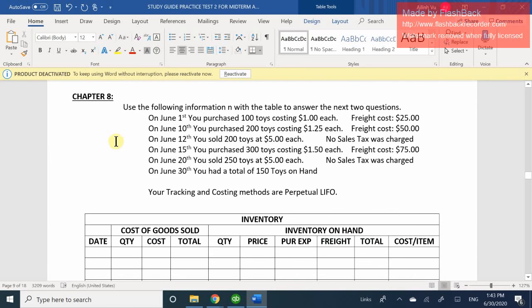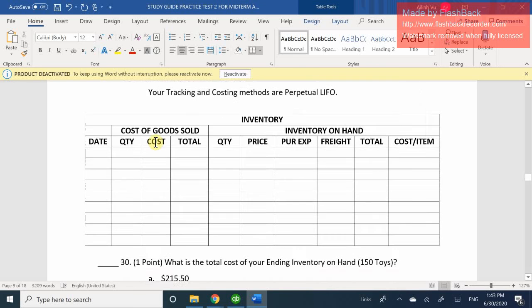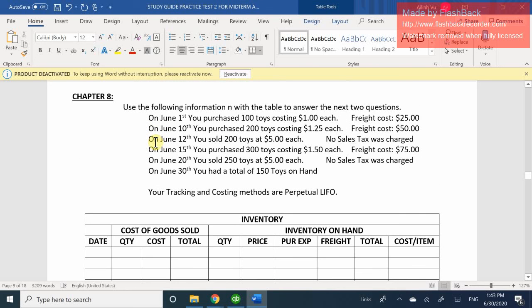Now, chapter 8 is where we actually look into calculating each item per cost. So this time we're dealing with perpetual inventory. Your tracking and costing method is going to be perpetual LIFO. Okay, last in, first out. So let's go ahead and solve each one.